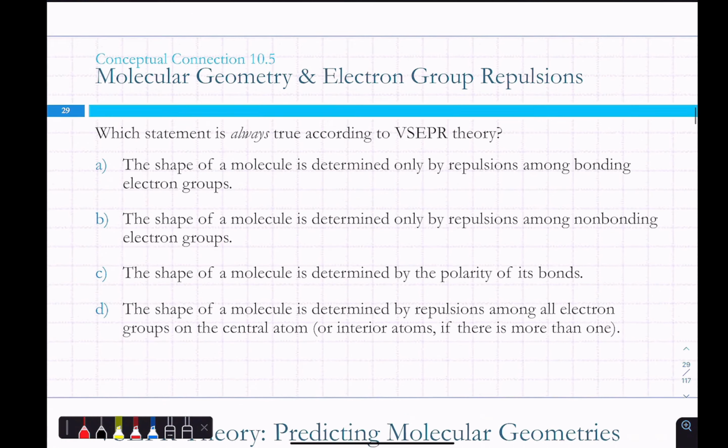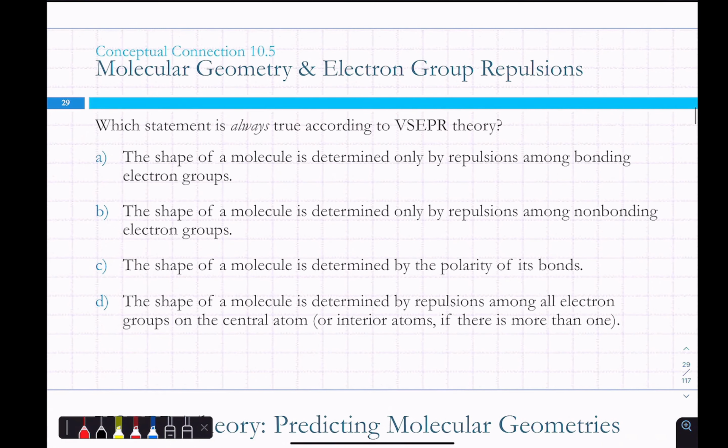So which statement is always true? A rare Sith moment dealing in absolutes. Which statement is always true according to VSEPR theory? That was fast. Confidence, I like it. Yeah, so the shape of the molecule is determined by only repulsions among bonding electron groups?